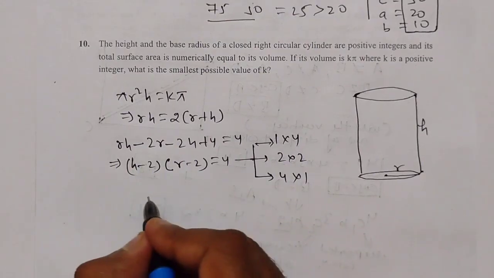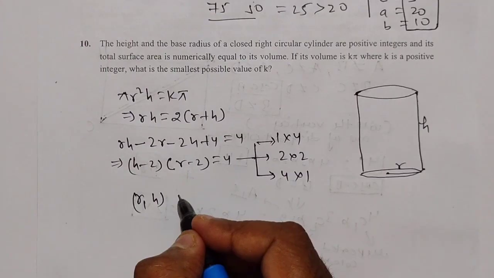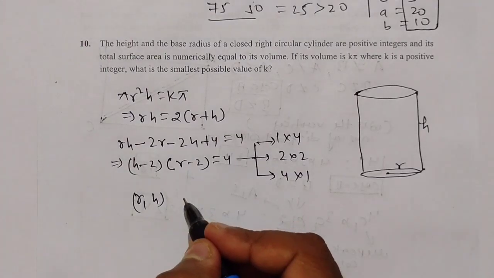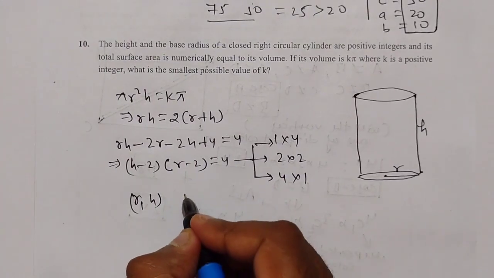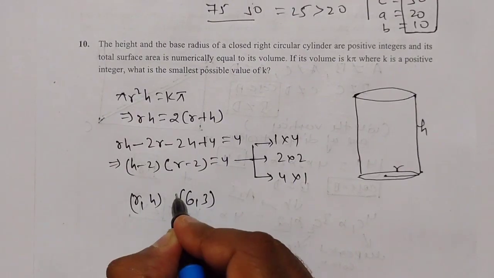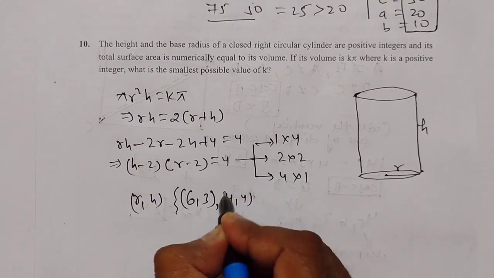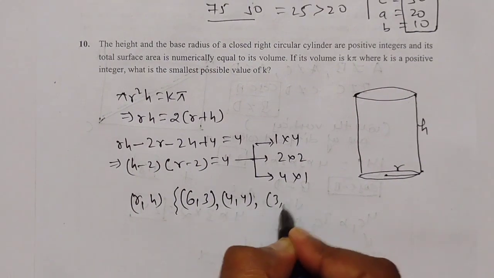So now the values for r and h are 6 and 3. Also the second value is 4 and 4, and the third value is 3 and 6.